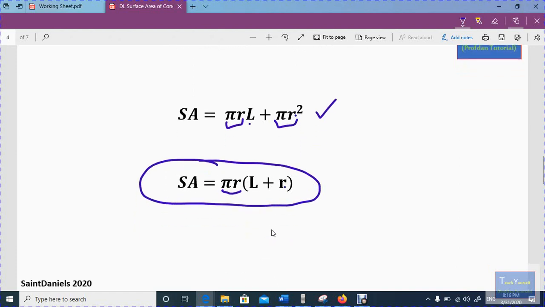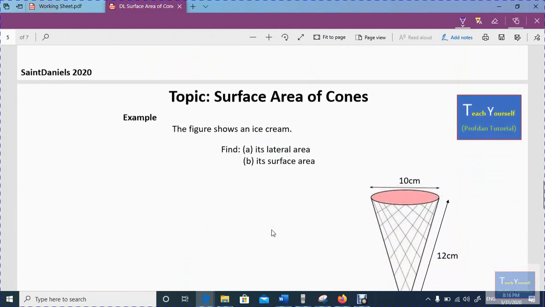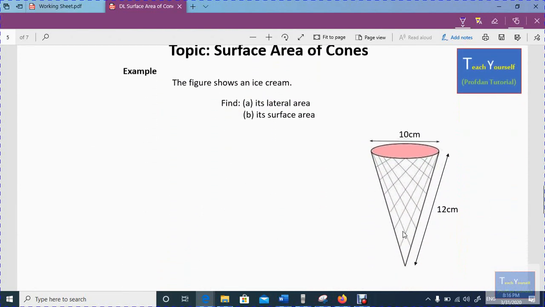Let's take a look at an example for better understanding. This is an ice cream cone. The figure shows an ice cream, and we need to find its lateral area. Don't forget, we have just established that the lateral area of the cone, which is the area of the side of the cone, is pi r L. This gives pi times the radius of the cone.